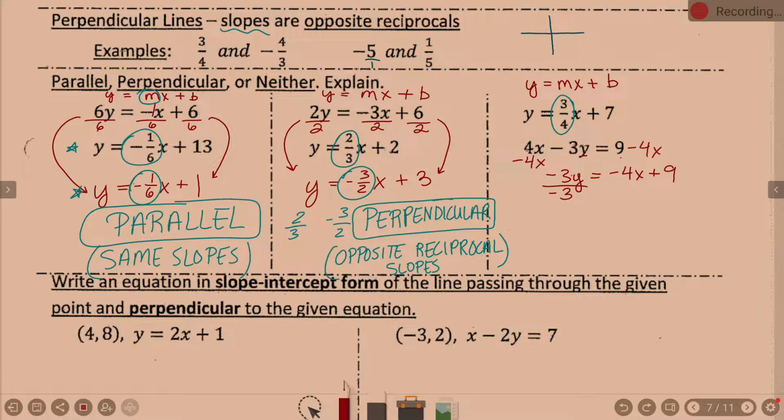Remember, I'm dividing everybody by negative 3. Negative 3y divided by negative 3 is y. 4 divided by 3 is just 4 divided by 3. But what's a negative divided by a negative? A positive. So this is going to be positive 4/3 x. And then 9 divided by negative 3 is minus 3.